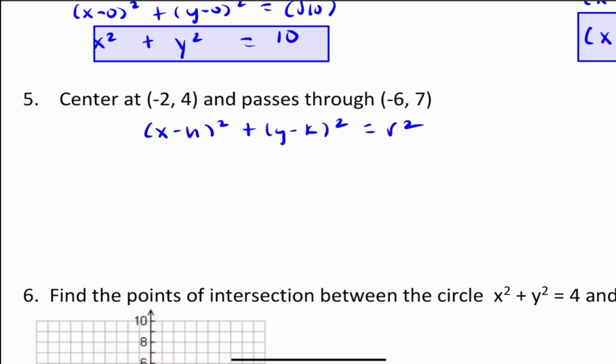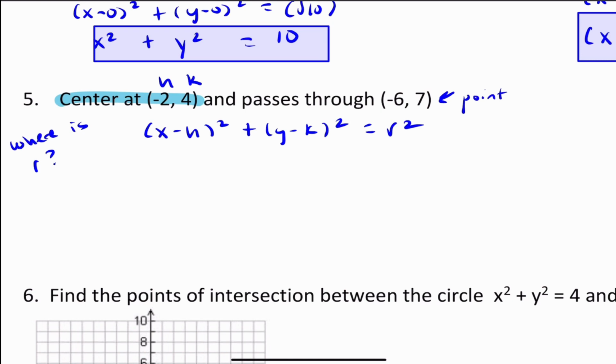Now, we have the center, which is (h, k), and we have a point, but where is r? We have our center, but we don't have r. But we have this point here.